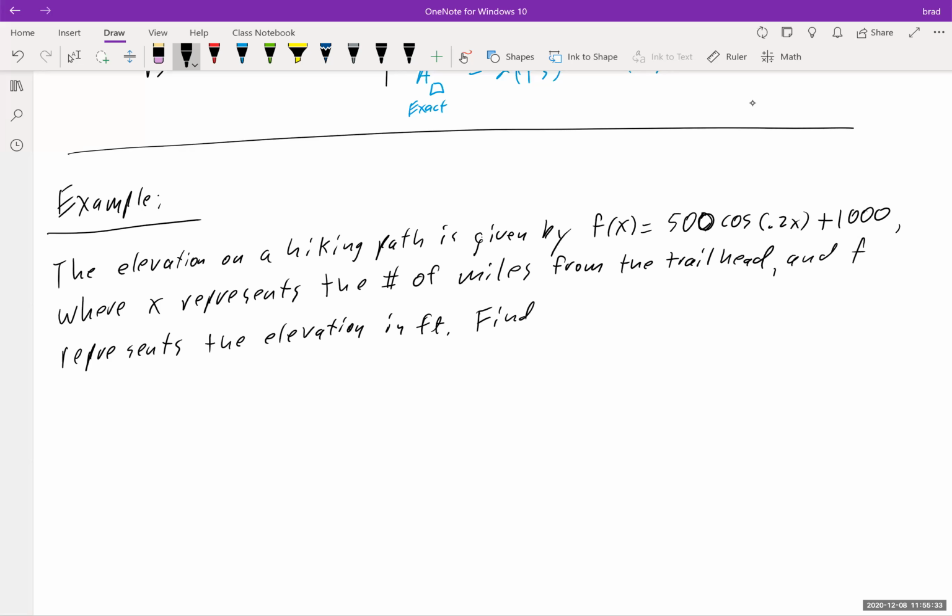Find the average elevation along the first 10 miles of the trail.